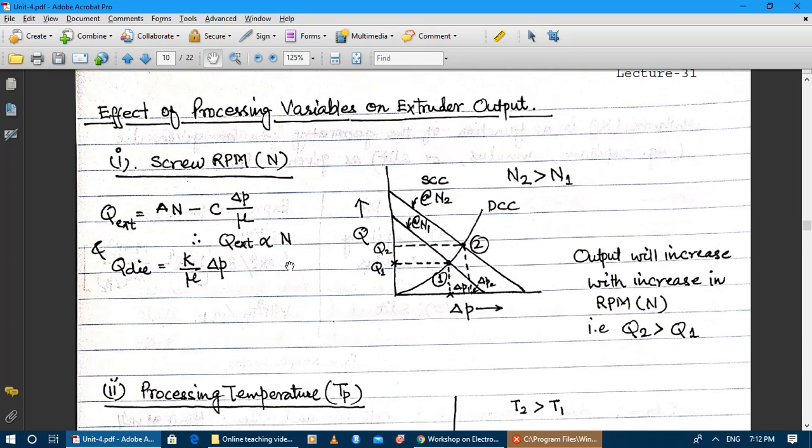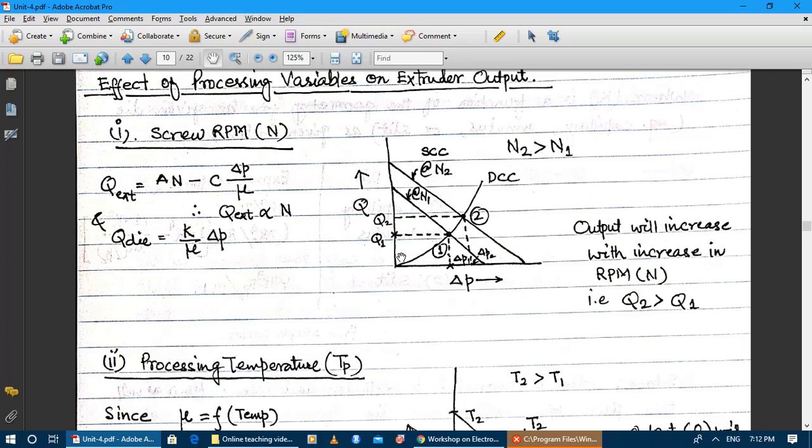Let us consider that this is my die characteristic curve, DCC, and we are operating our extruder at two different screw RPMs, N1 and N2.